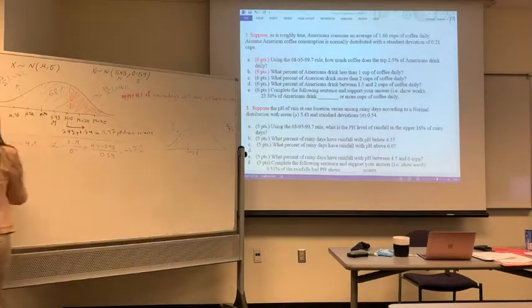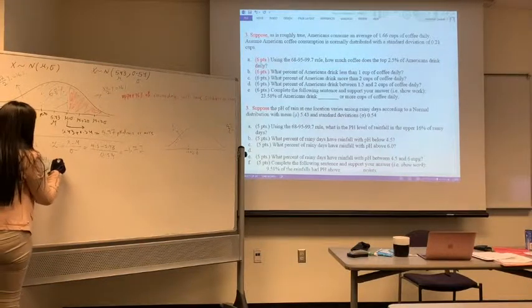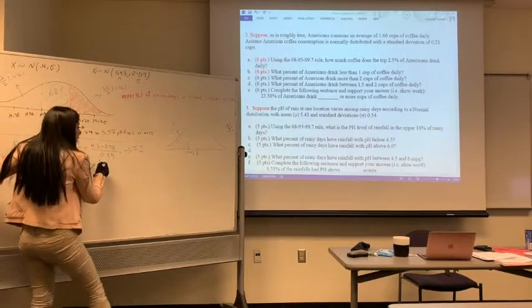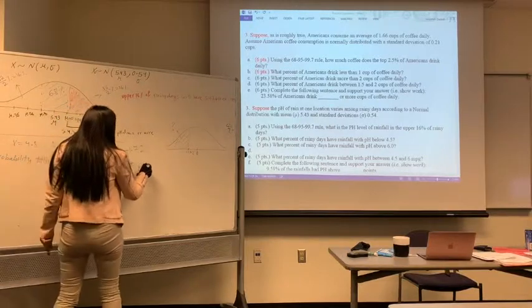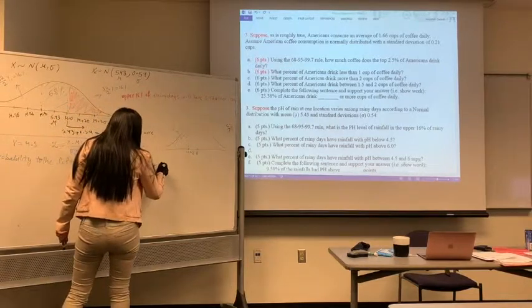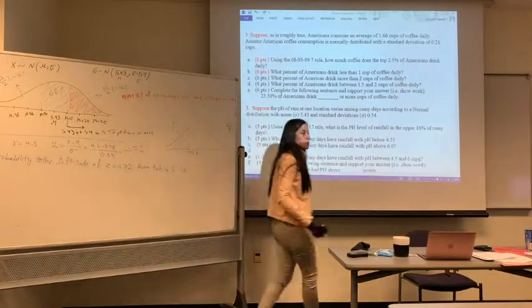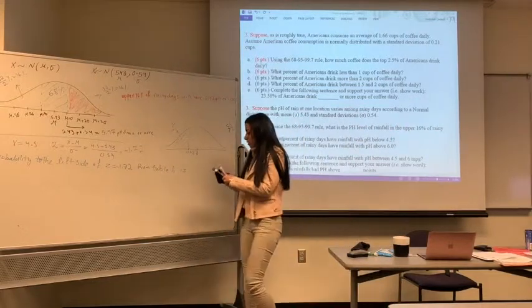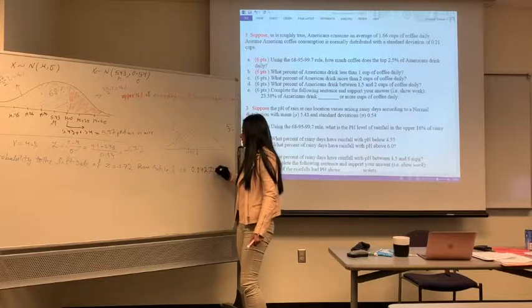So the probability to the left side of z equal negative 1.72 from the table is 0.0427. Is that correct? Yes.